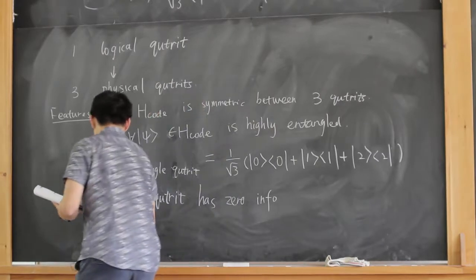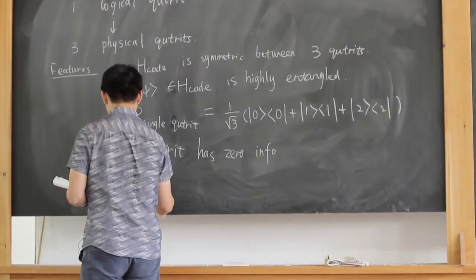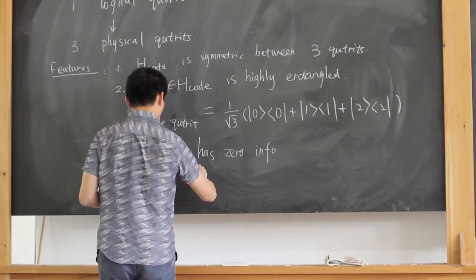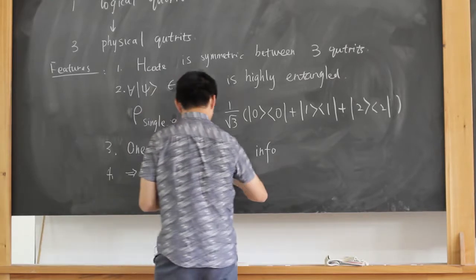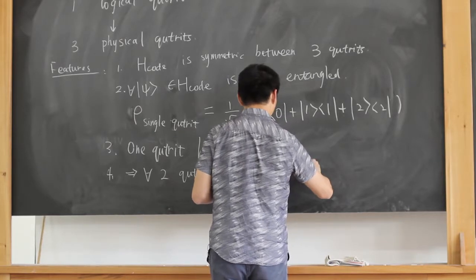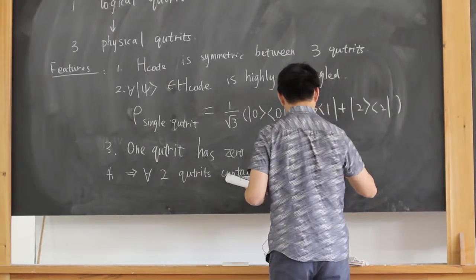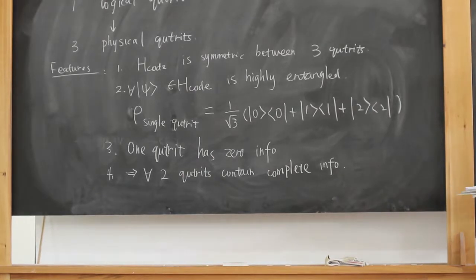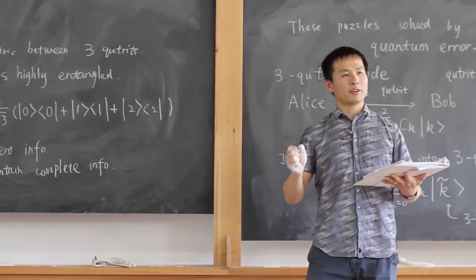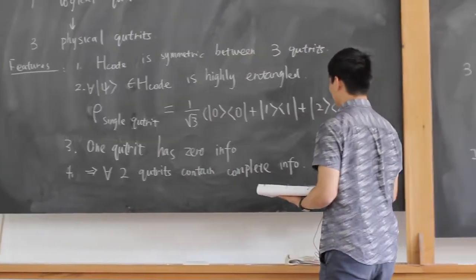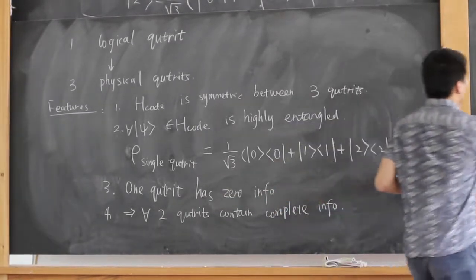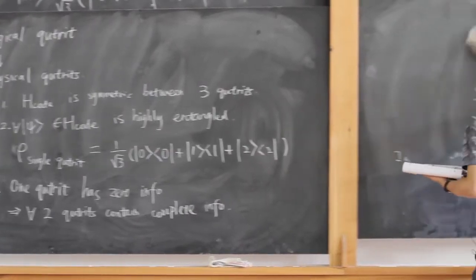This is the feature that leads to the remarkable property that any 2 out of the 3 qubits contain the complete information of the logical state that Alice wanted to send. What that means is that if we take any 2 qubits out of the 3, we can completely recover the original state that Alice sends. So even if Bob loses one of the 3 qubits, that's going to be okay.